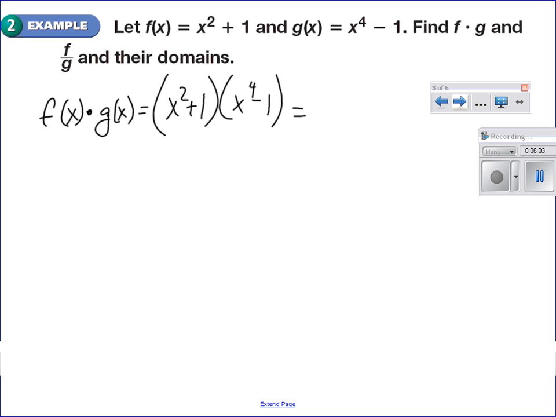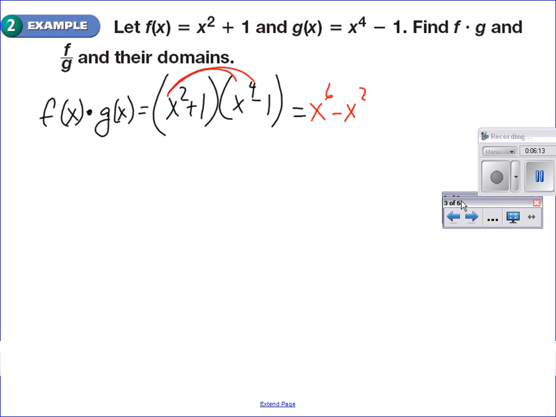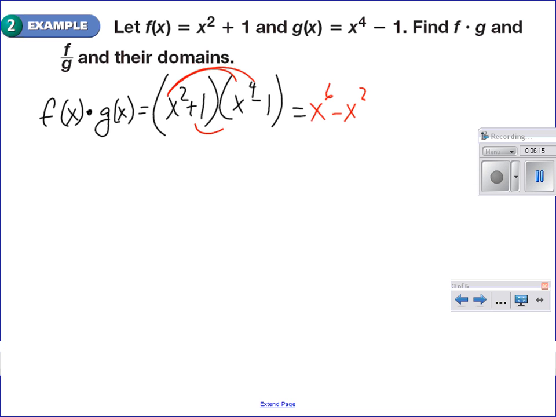And we distribute or FOIL, and we get x to the sixth minus x squared plus x to the fourth minus 1. Rewrite it in standard form. In other words, order it correctly.